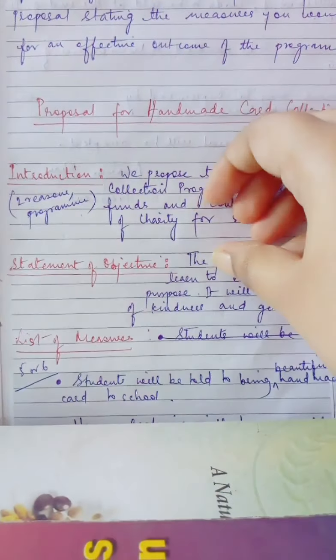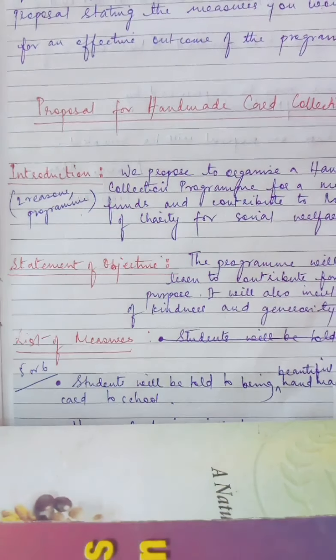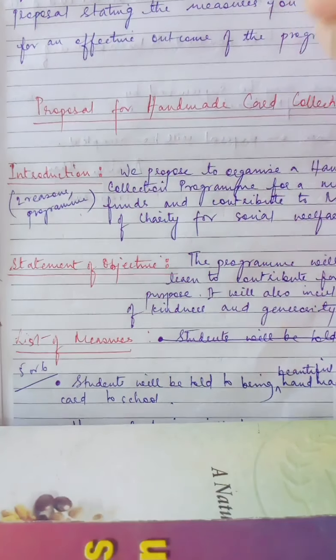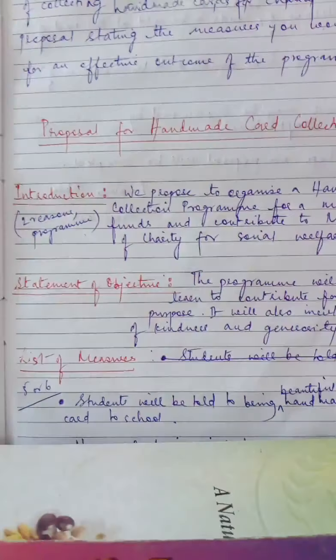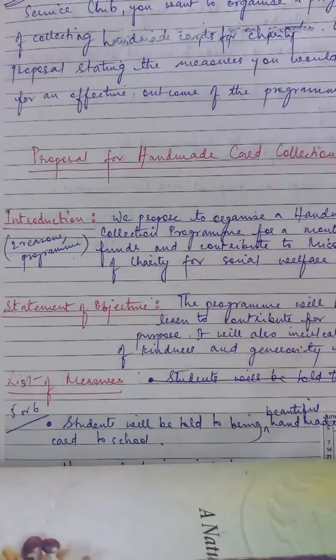Now in this introduction you are introducing, right, what the topic is about, what the heading is about. You will directly go to the program. You will directly write about the program in the introduction, right? And remember, in the introduction you have to give two reasons, right?